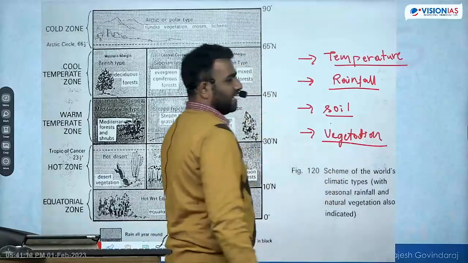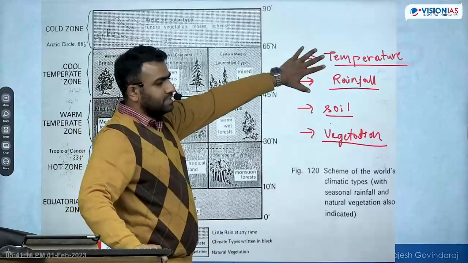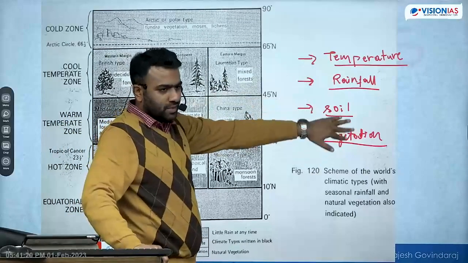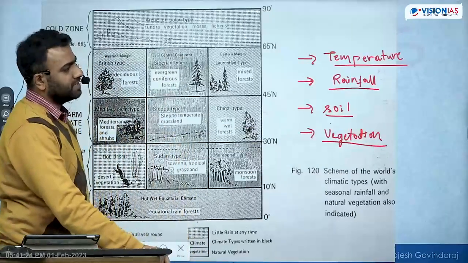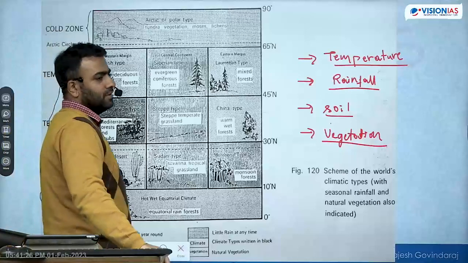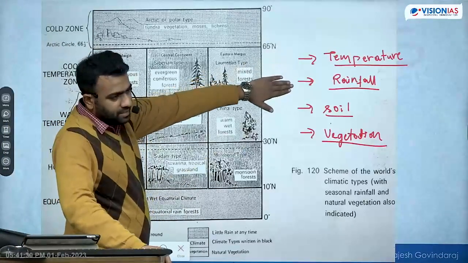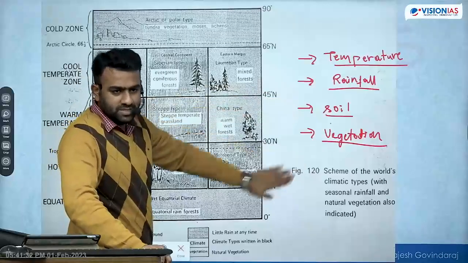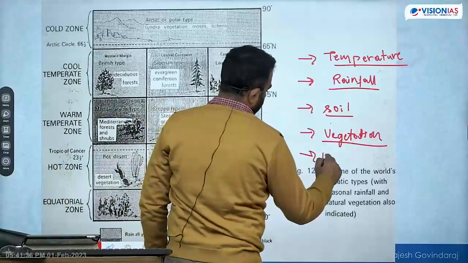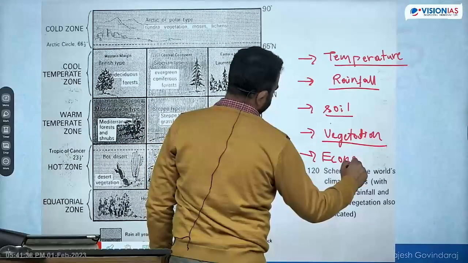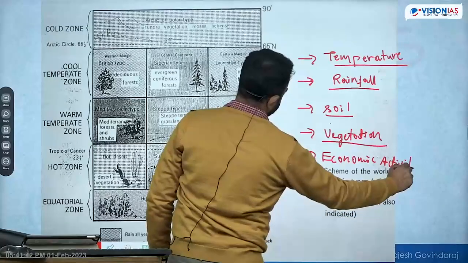Vegetation is plants. Because temperature and rainfall are directly impacting it, and soil is also deciding in what way the vegetation is growing over there. Can you see, in each of these climatic regions you will find a similarity of temperature, rainfall, soil condition as well as vegetation. And all these together will decide the economic activity of human beings in that particular region.